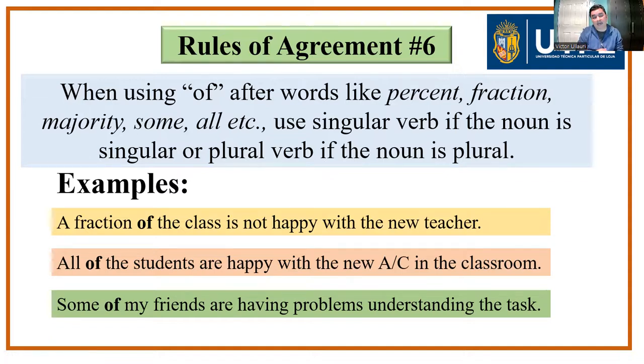And because after "of" the noun is plural, we are going to use the verb in its plural form: are having problems with the task. Some of my friends are having problems understanding the task. So, as I said, after using these words, if after "of" the noun is singular, we use the verb in its singular form. And if the noun is plural, as I showed you in the examples, we use the verb in its plural form.